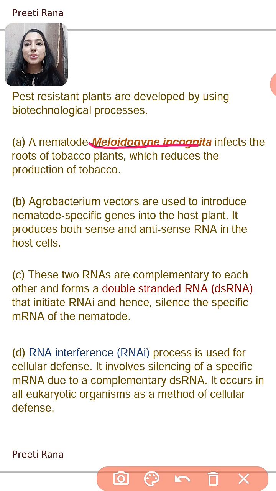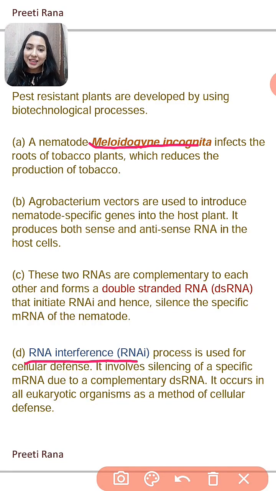It produces both sense and antisense RNA strands in the host cell. The two RNA strands, being complementary to each other, join together to form double-stranded RNA or dsRNA that initiates RNAi, that means RNA interference, which will silence, meaning suppress, the specific mRNA of the nematode.